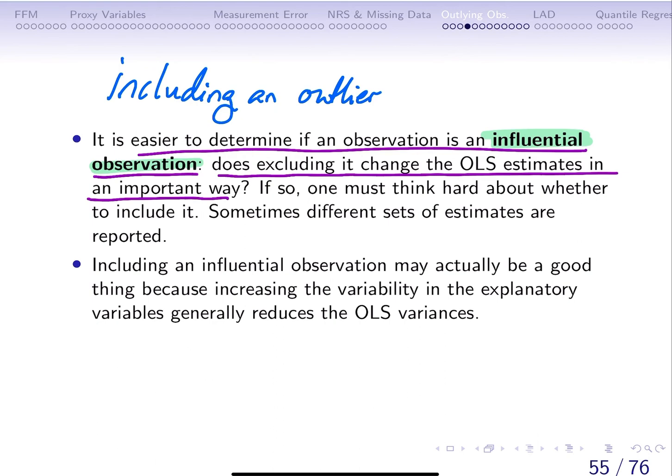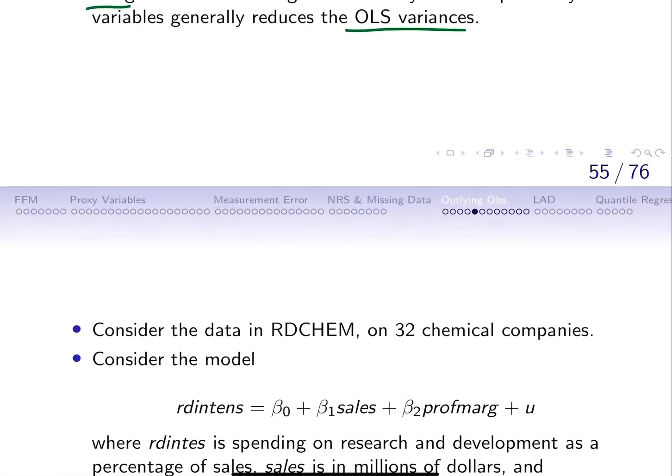Sometimes different sets of estimates are reported, one with the outlying observations and one without, and you can have a discussion around that. But we do want to understand that having influential observations may actually be a good thing, because it shows that we have more variability in our explanatory variables, which generally would reduce the variance of your OLS estimators.